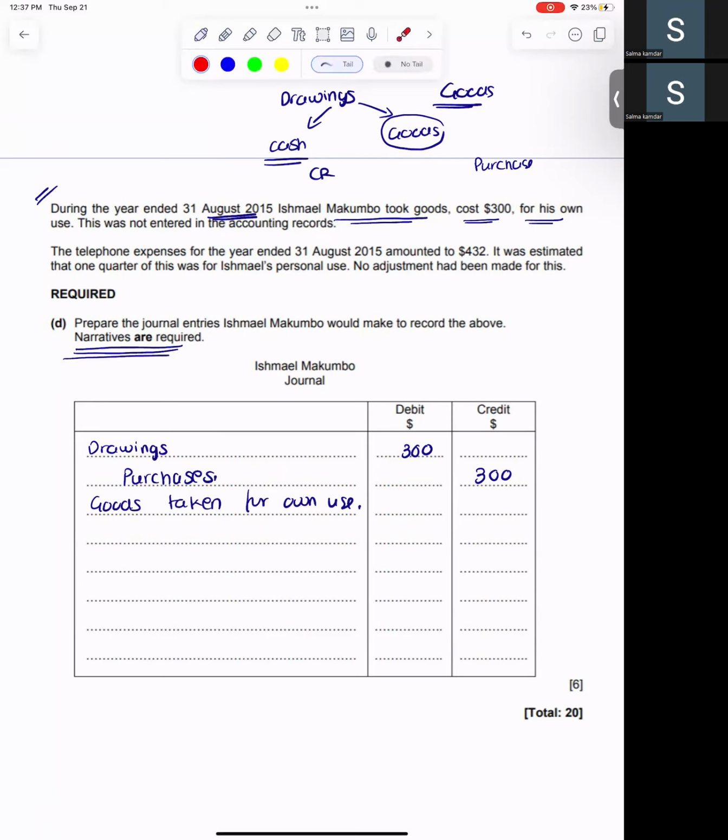Next entry, telephone expenses for the year amount to 432. It was estimated that 1/4 of this was for his personal use. So telephone expenses is 432 for the year, and they estimated that 1/4 of this. What do you mean by quarter?